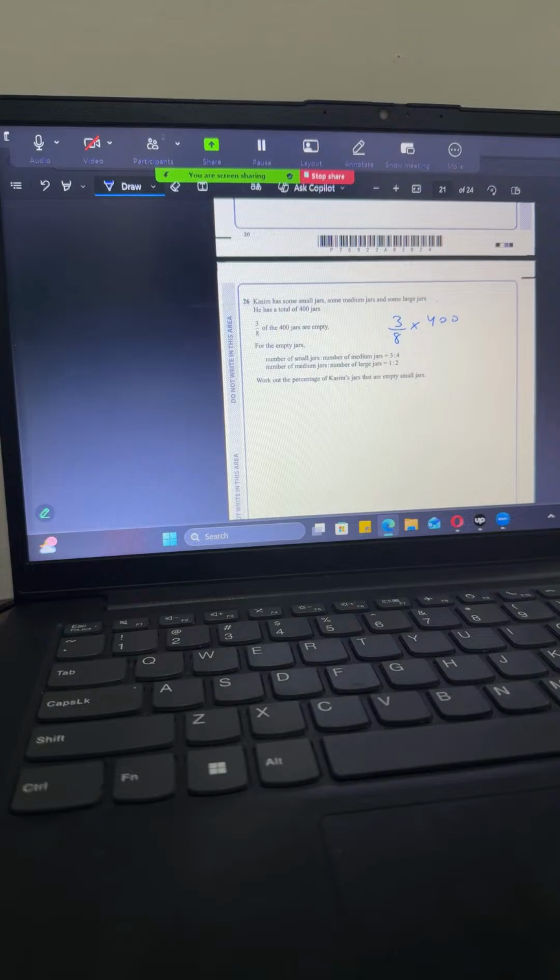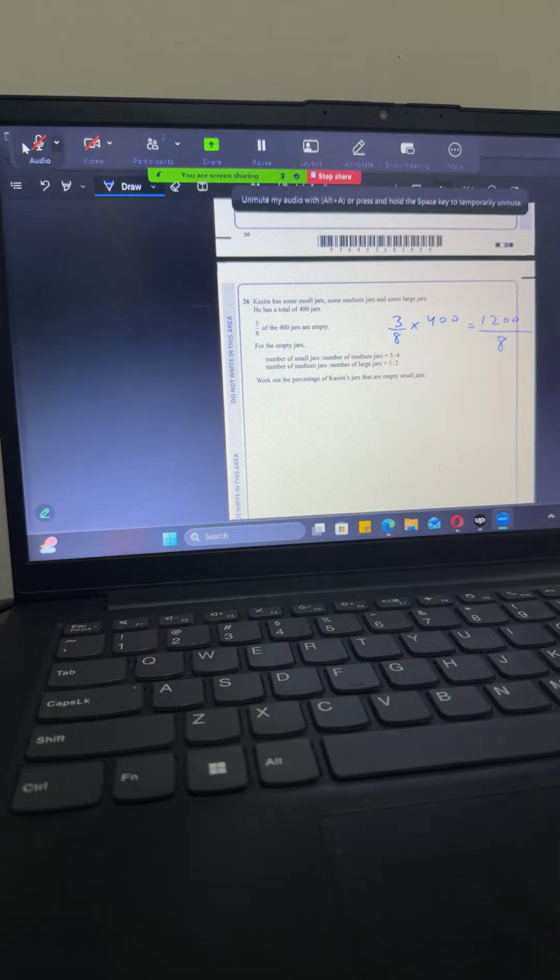Yeah, so you can do 3 times 400. Any idea what is 3 times 400? 1,200. Yes, 1,200, and then divided by 8. Can you do it? Can you just give me a second to work it out, please? Take your time. Okay, thanks.